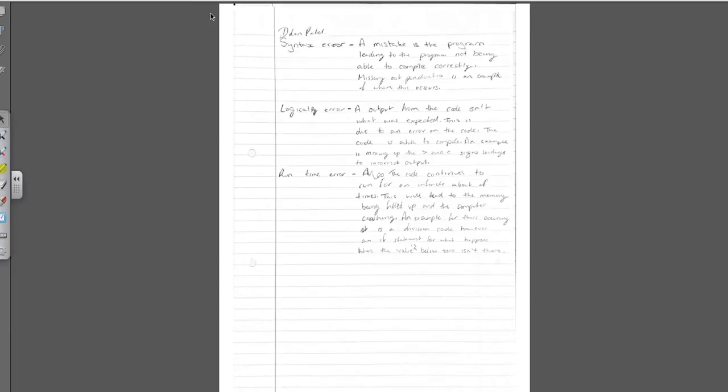The output from the code isn't what was expected. This is due to an error in the code. So it's an error in the code again, is it? Wow, that's really interesting. The code is able to compile and run and execute. An example is mixing up the greater than and the less than sign, leading to an incorrect output. So you haven't really elaborated and tied it in with what the user intended. I'll give you 2 marks for that.